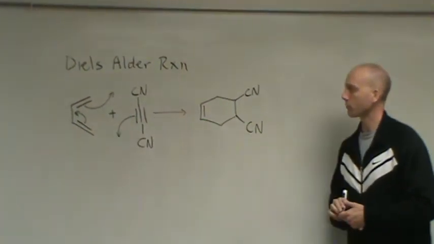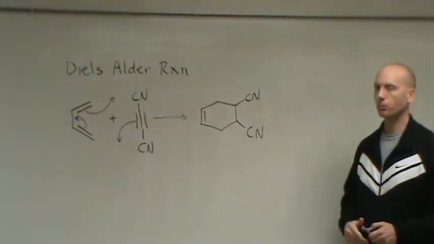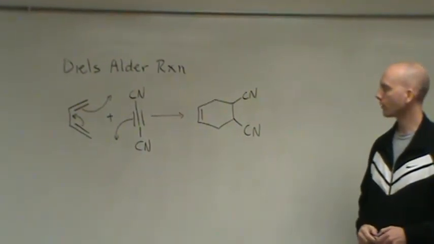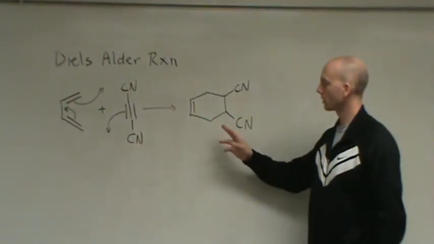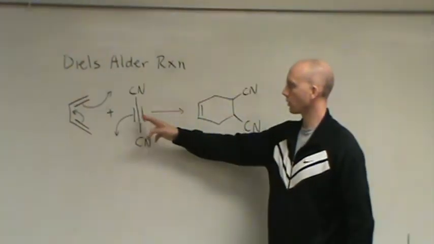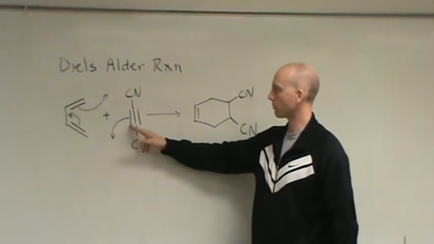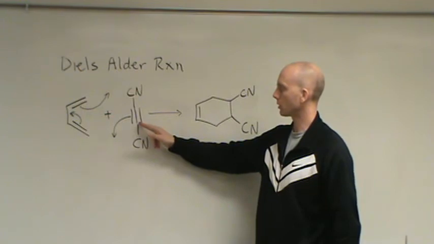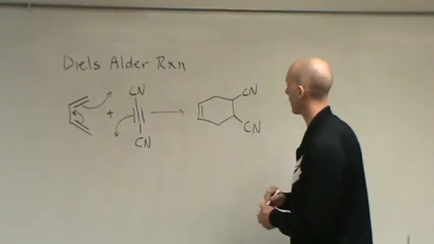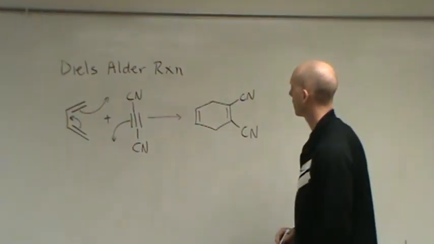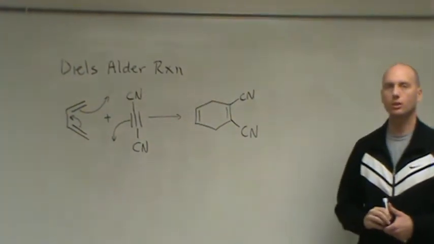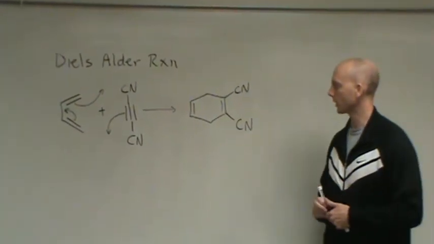Okay. Again, we form this six-membered ring, but what's the only difference? The only difference is we use one of these sets of pi electrons, so we're still going to have a set left behind, and so we'll have a double bond here in this case.